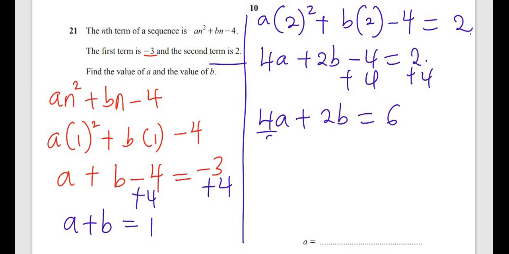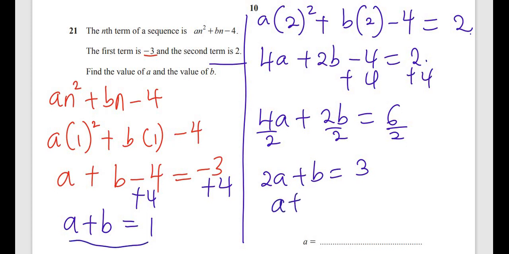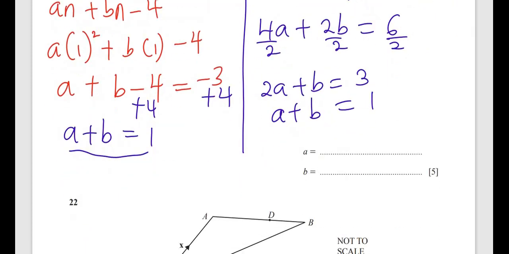So we can divide each term by 2. That means it's going to be 2a plus b is equal to 3. Then remember we had the first equation, which was a plus b is equal to 1. So as you can see, we have two equations and we're going to solve them simultaneously.